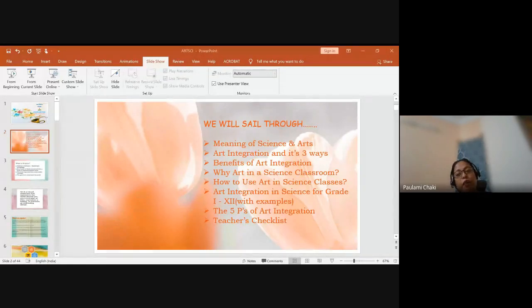How are the teachers empowered through art integration? Firstly, what I have felt as a teacher while I was including art in my science classrooms, my empowerment is that I myself am brainstorming. I myself am creating a few new ideas. And that is where I feel empowered. And then when I look at my children, they are all excited to join the science classrooms.